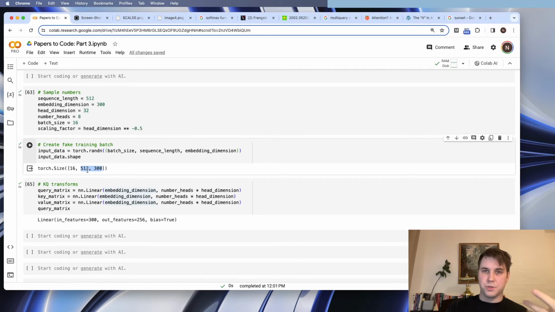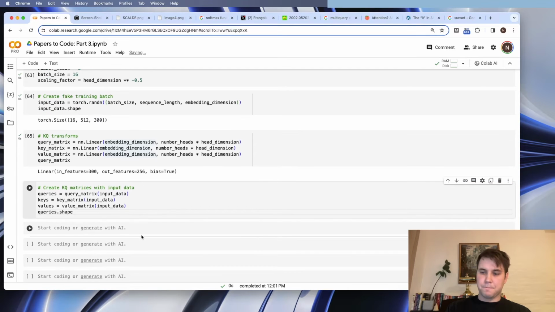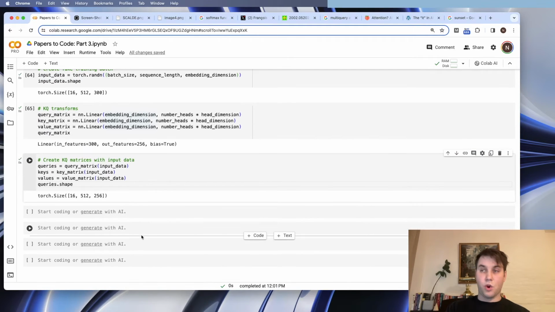So the last 2 is what we need to pay attention to. And we'll see that when we pass our input data into these, they will all be the same shape, 16 batches of 512 tokens. And now these tokens have been projected. We have these 3 projections. They're all 256 vector dimension.